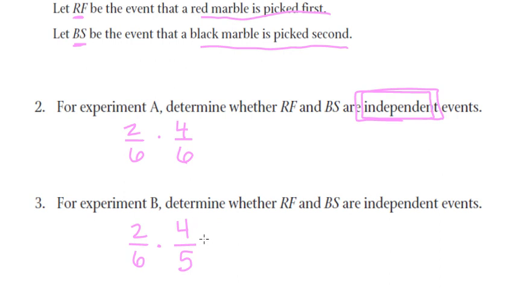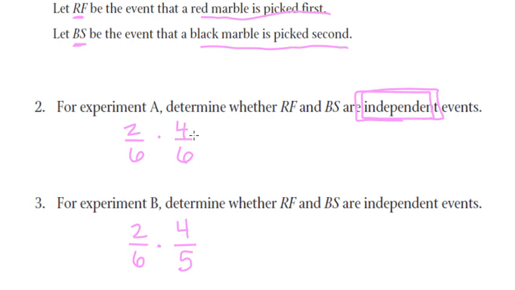So in this situation, whether or not you pick the black marble second really does depend on whether or not you picked that red marble first, because whether or not you picked a red marble first has an effect on how many black marbles are left in the bag. Whereas in the first situation where you put it back, it doesn't really matter what you picked the first time, because the situation is replenished.